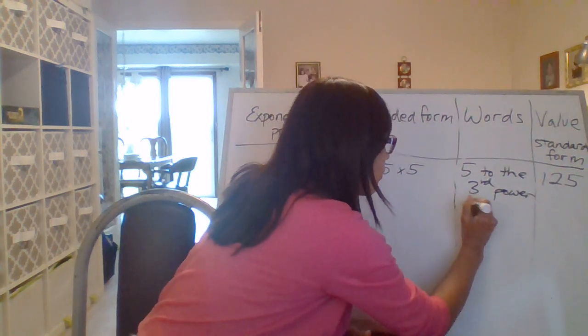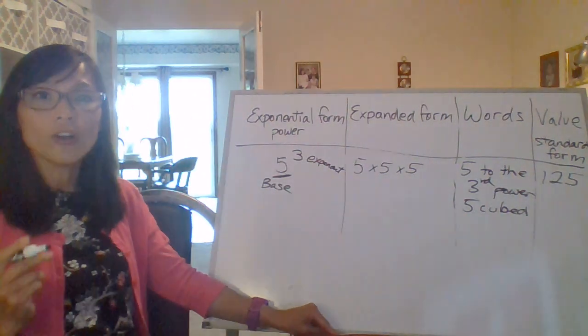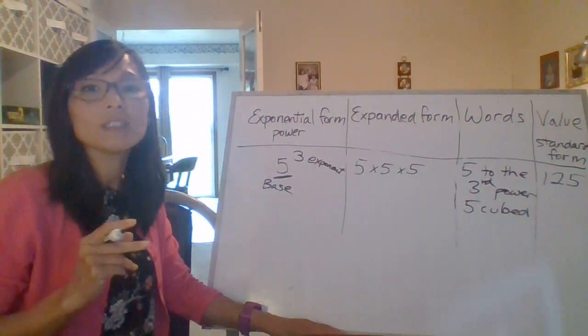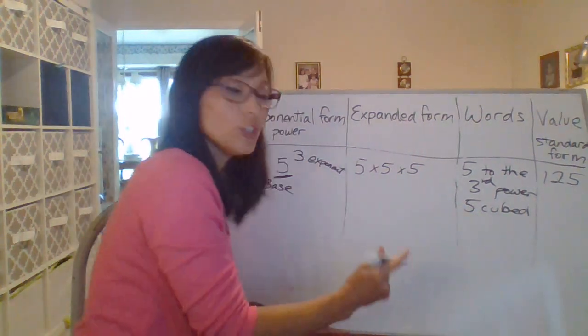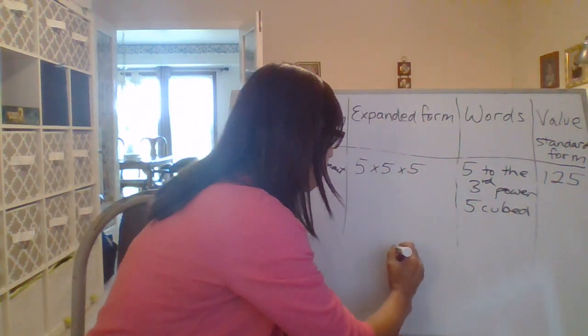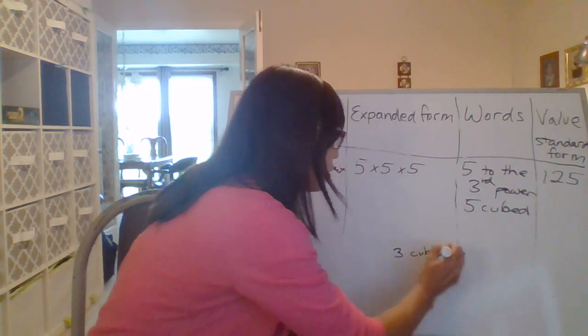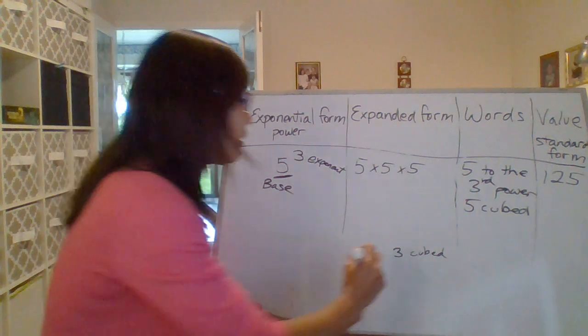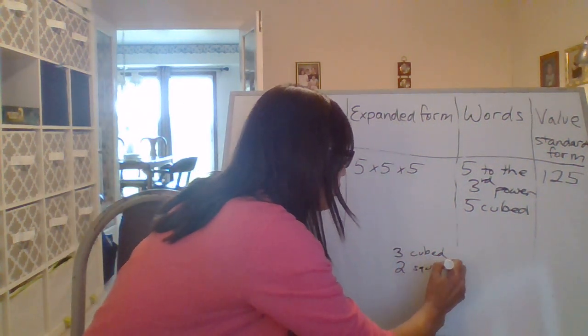Or this one is a special exponent. There are 2 special exponents. One of them is a 3 because we call that 5 cubed. So 3 can also be called cubed whenever that's an exponent, but 2 can also be called squared.